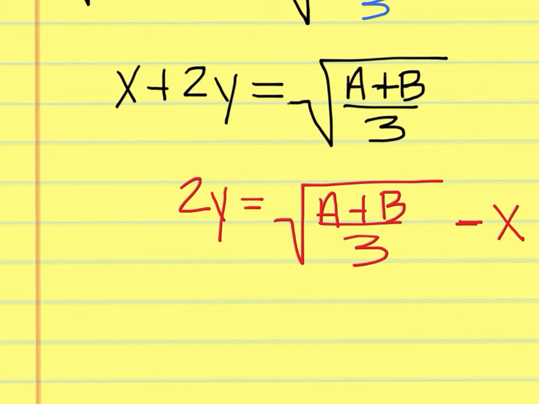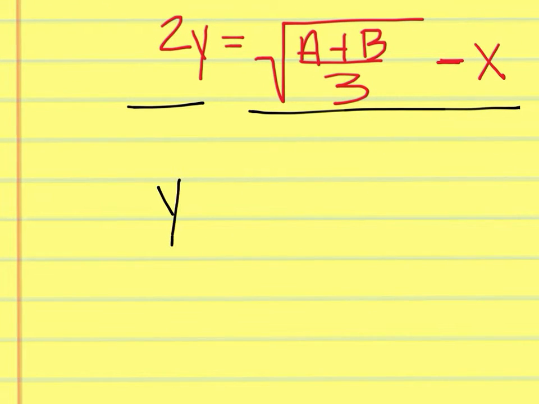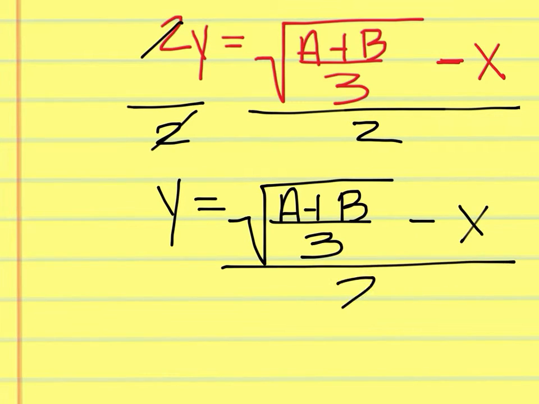And to finally get y by itself, we would divide both sides by 2, which would leave us with y equals the square root of (a plus b over 3), and then minus x, all of that over 2.